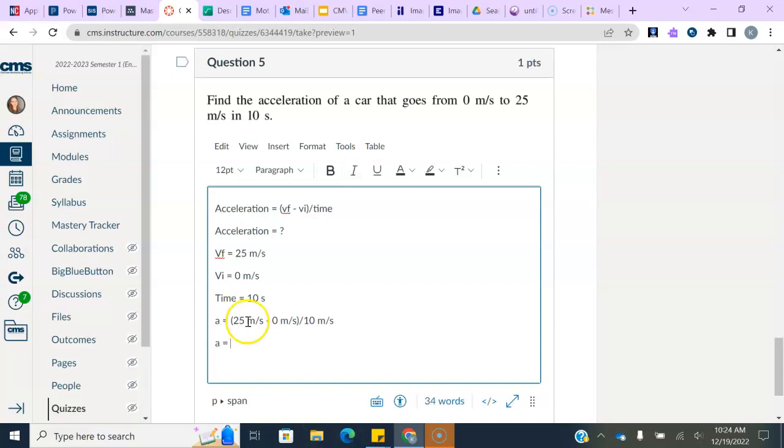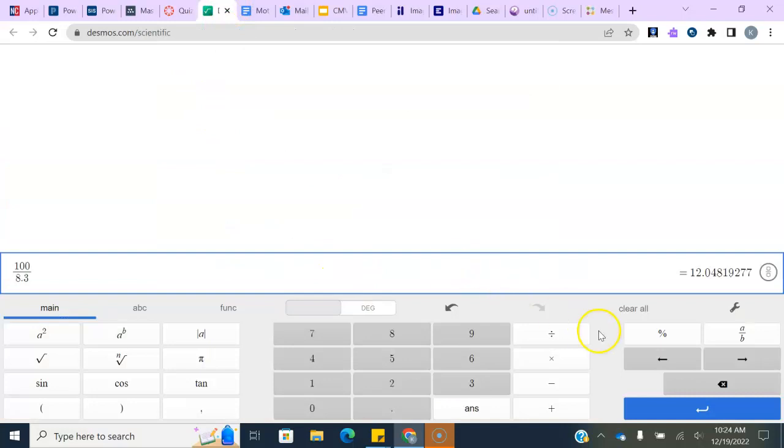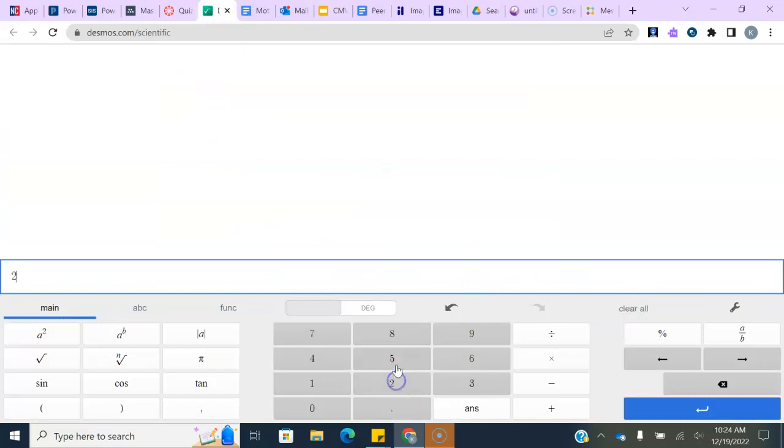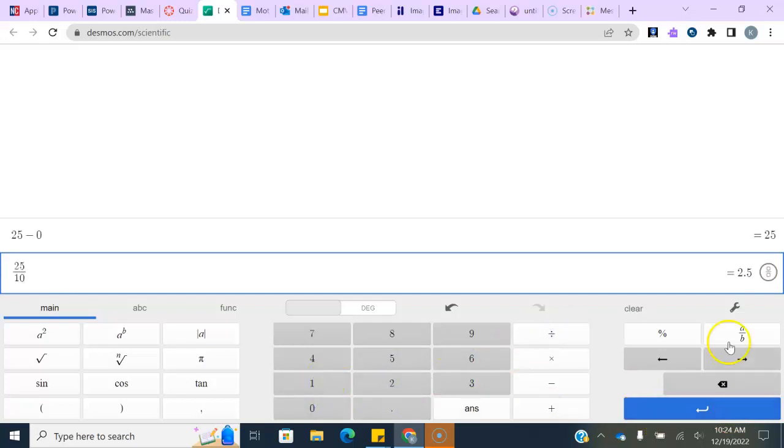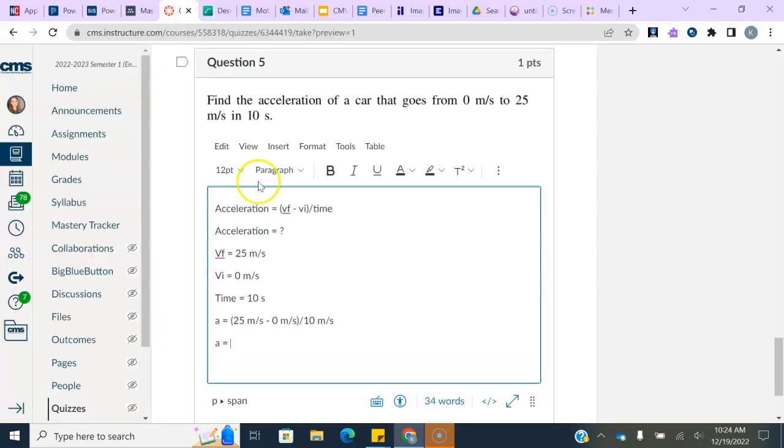So 25 minus 0 divided by 10 is going to give us our answer. Let's go back to our calculator. 25 minus 0, of course, is 25, and then 25 divided by 10 is going to be 2.5. So our answer here is 2.5 meters per second squared.